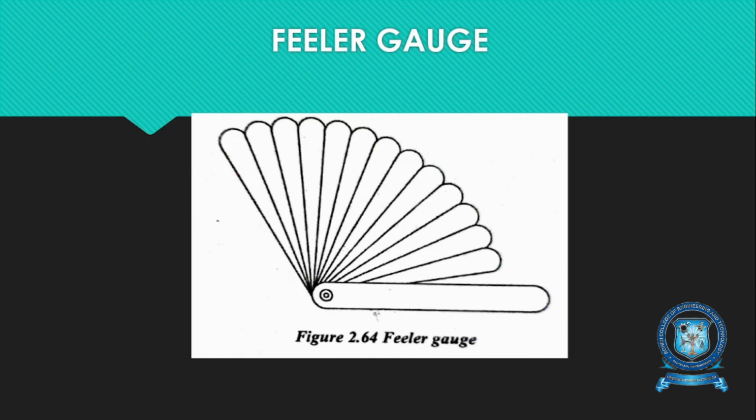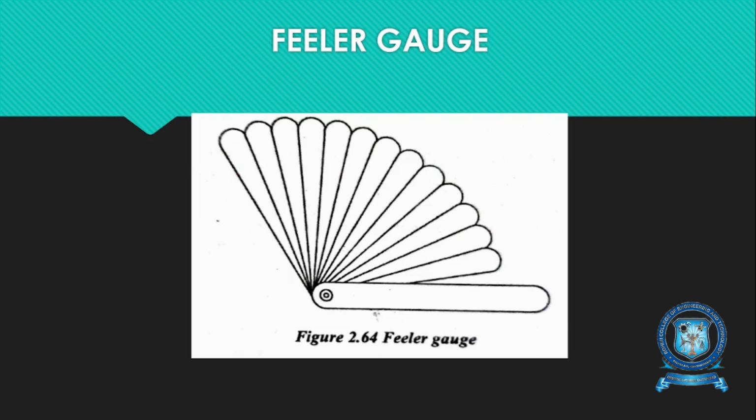Feeler gauges are used for checking the clearance between mating surfaces. They are made from 0.03 mm to 1 mm thickness, of 100 mm length.